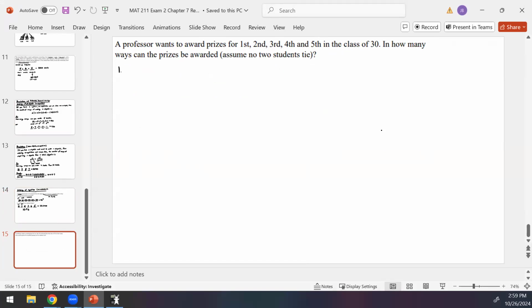So again, step 1 is just make your hangman. So I got 5 prizes. 1, 2, 3, 4, 5, because I have 5 prizes. So then, how many students can get first place? Okay, so I have 30 students.